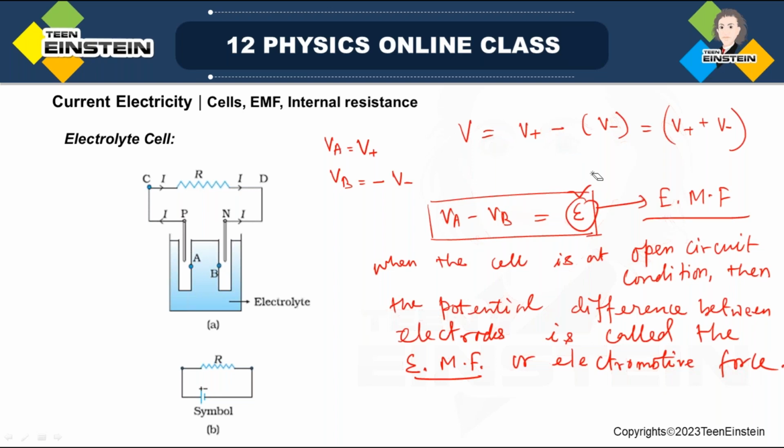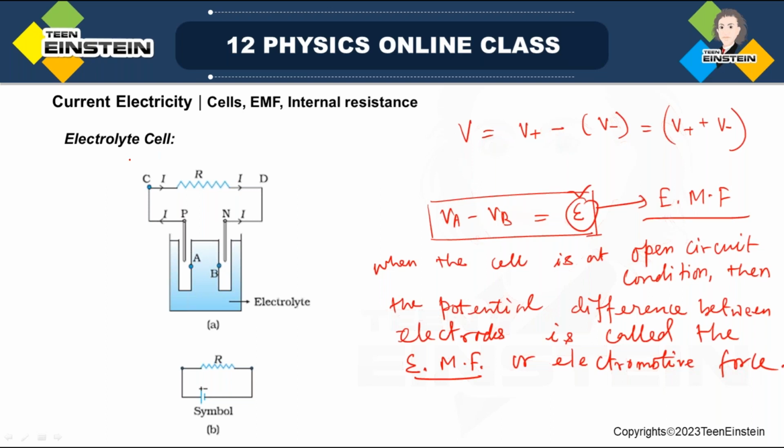If we now connect these two electrodes with a resistor R, then what is the thing happening?